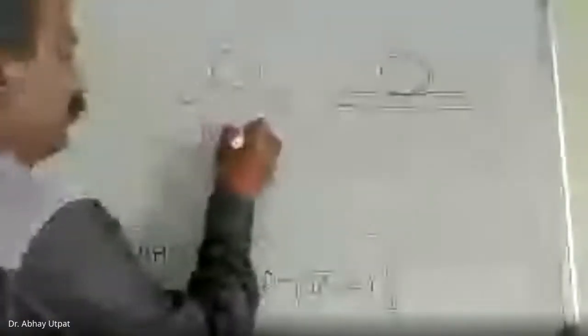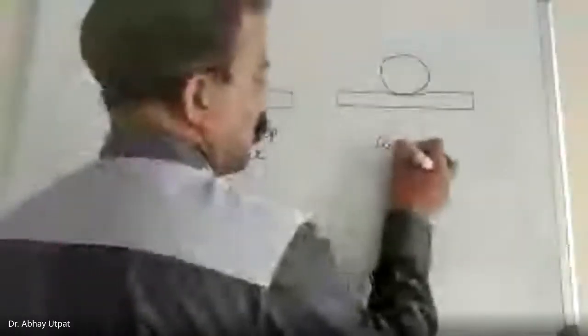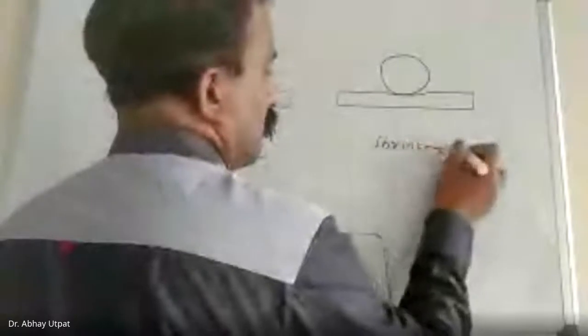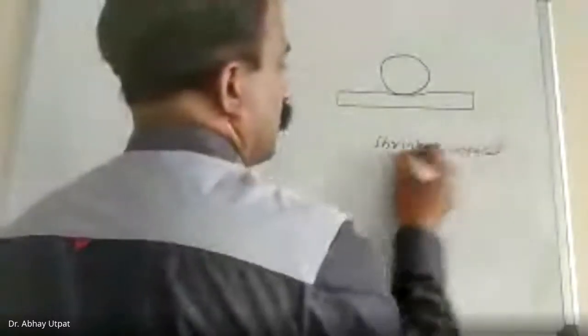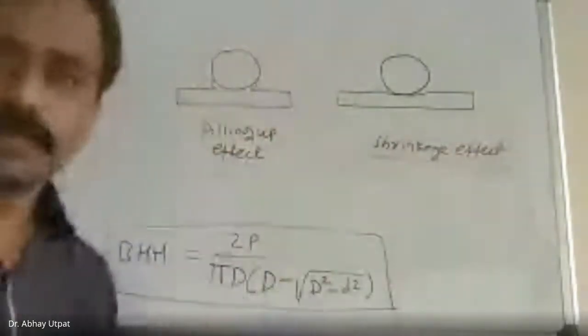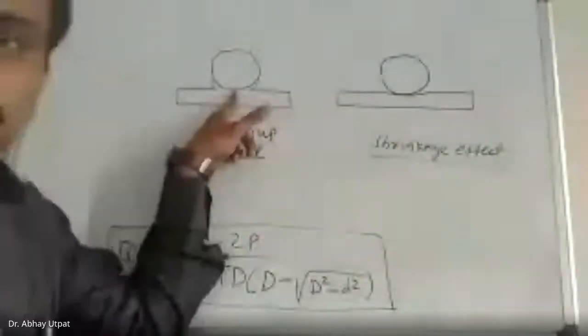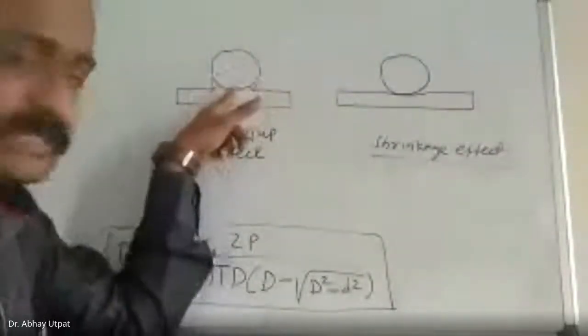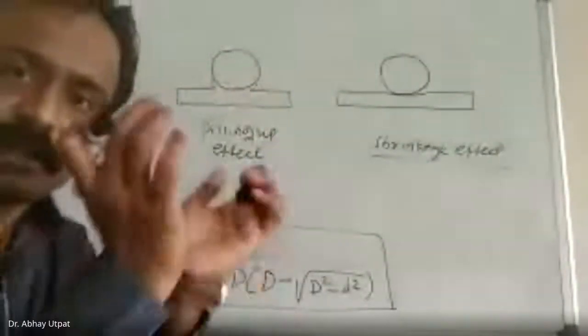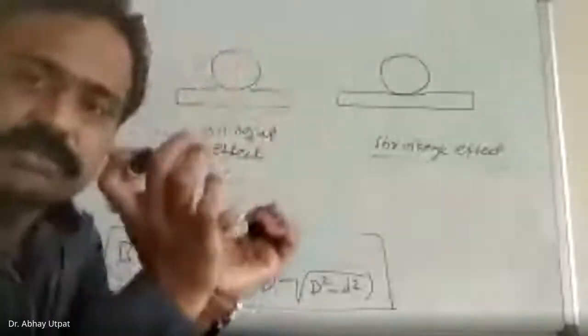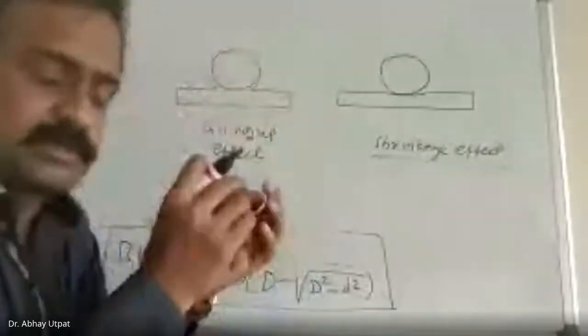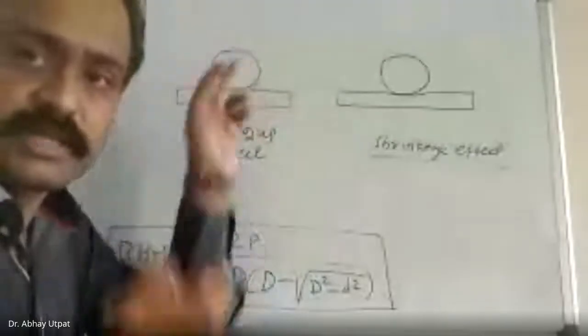Here is the piling up effect, and this is the shrinkage effect. What happens when the material is soft? When you are pressing the ball, that material will pile up. That means the material climbs up onto the ball of the indenter.